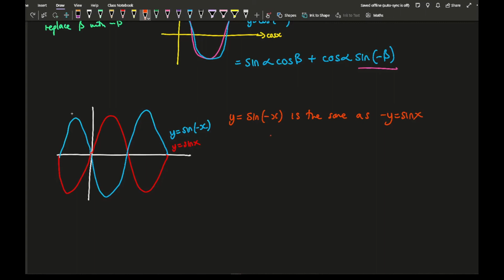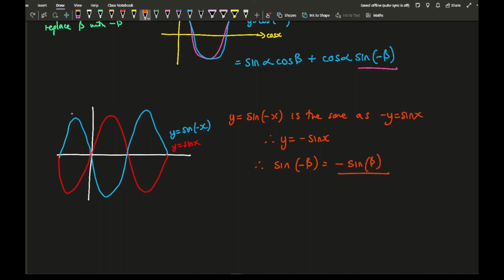So therefore y equals minus sine x, and all I've done there is take the negative over to the other side. So therefore sine of minus beta is going to be the same as minus sine of beta.